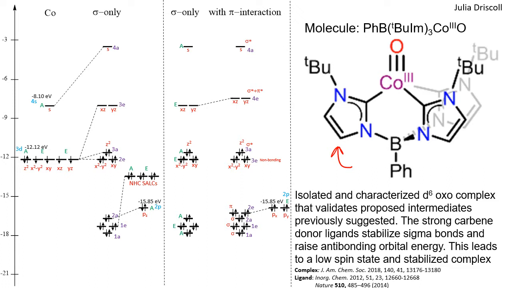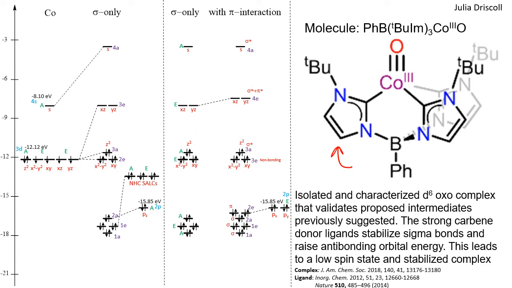So moving over to my orbital diagram, on the left are the cobalt orbitals, and then on the right we have the NHC SALCs as well as the pz from the 2p orbital of the oxygen.